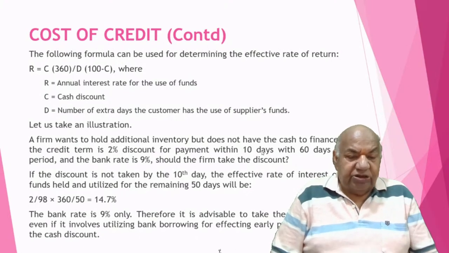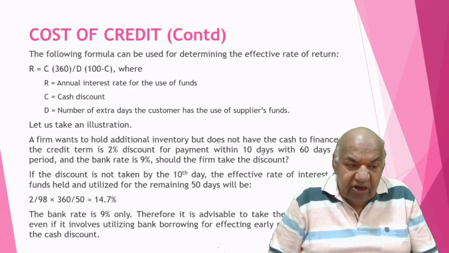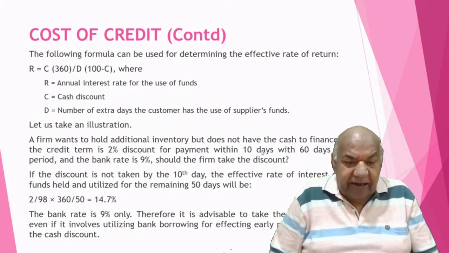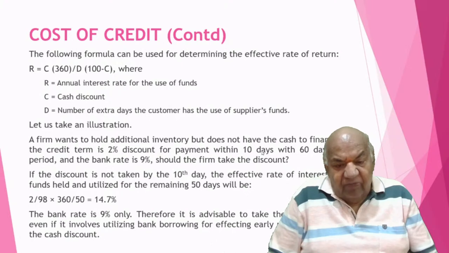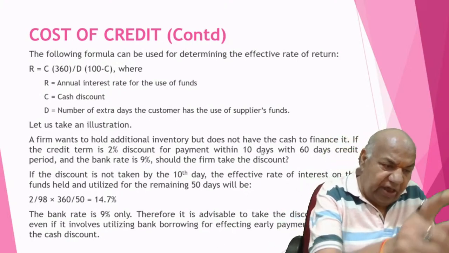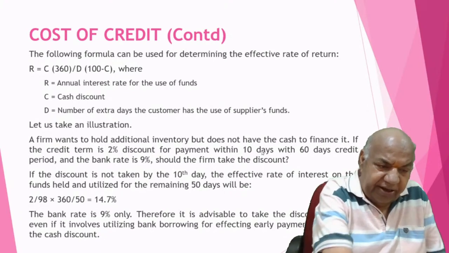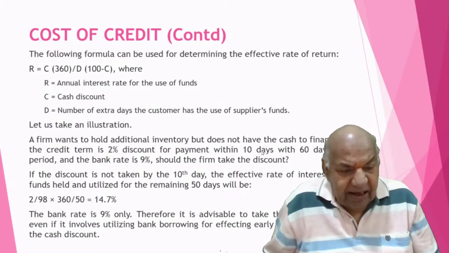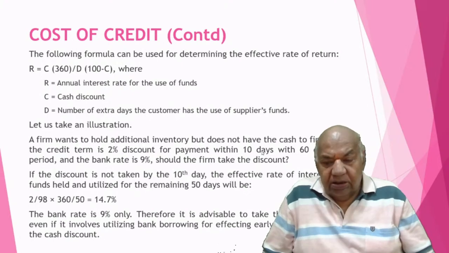If the discount is not taken by the 10th day, the effective rate of interest on the funds held and utilized for the remaining 50 days will be 14.7%. We have already calculated it. And the bank rate is 9% only.